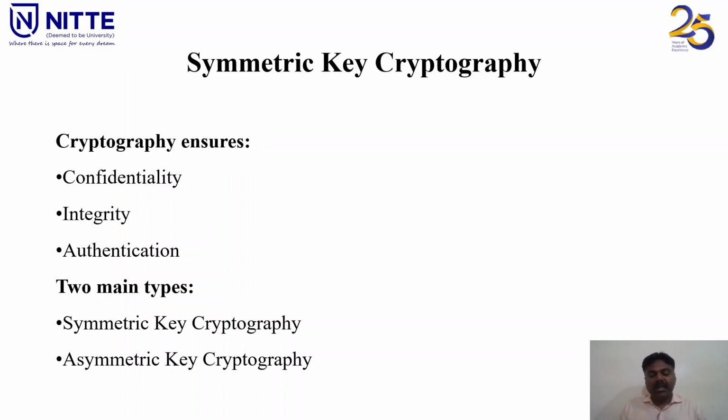In symmetric key cryptography, a common key is used between the users to perform encryption and decryption of their messages before putting them into the communication channel. In asymmetric key cryptography, two different keys are used, one for encryption and another for decryption. We will discuss asymmetric key cryptography in the coming sessions. In this session, we are mainly concentrating on symmetric key cryptography.